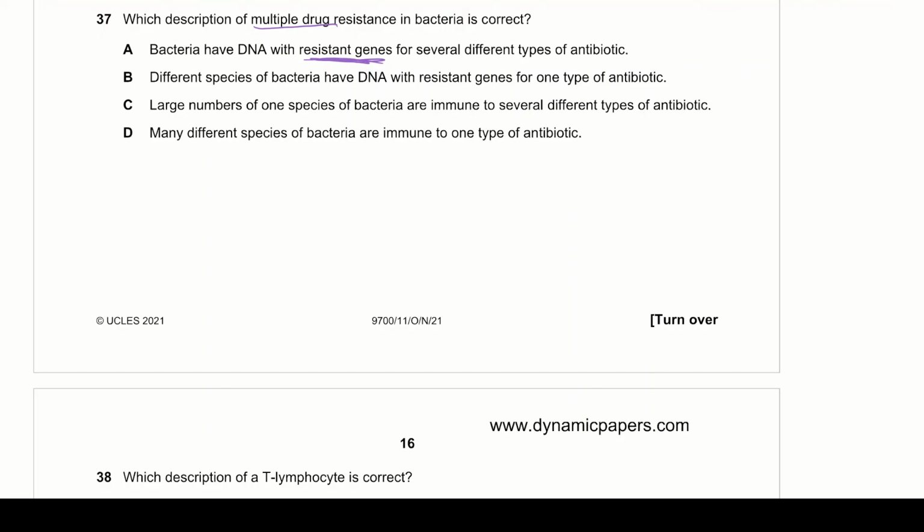Let's see B. Different species of bacteria have DNA with resistant genes for one type of antibiotic. If it's only for one type, then it won't be multiple drug resistance, so this is incorrect. C. Large numbers of one species of bacteria are immune to several different types of antibiotics. Immune is incorrect. There's no such thing as bacteria being immune. D. Many different species of bacteria are immune. Also, this is incorrect. The only correct answer is going to be A.